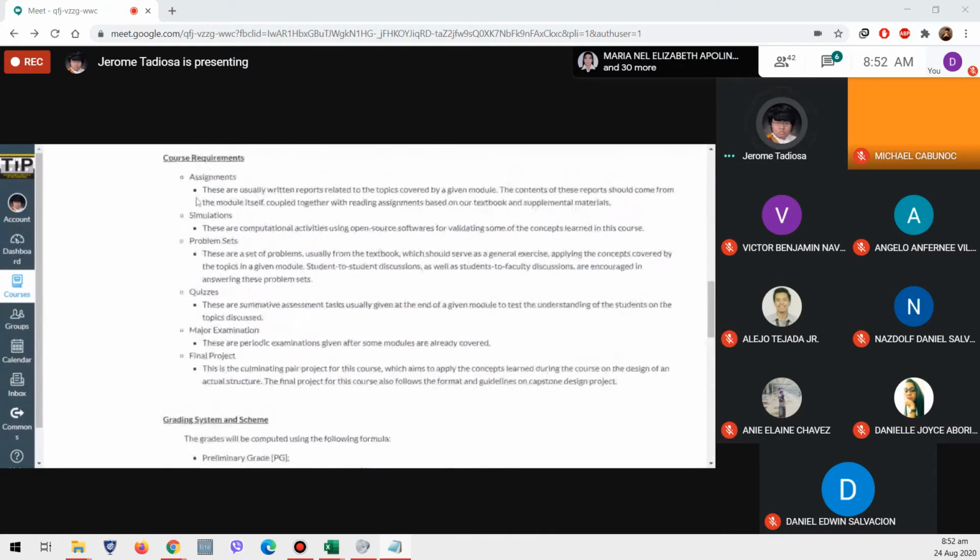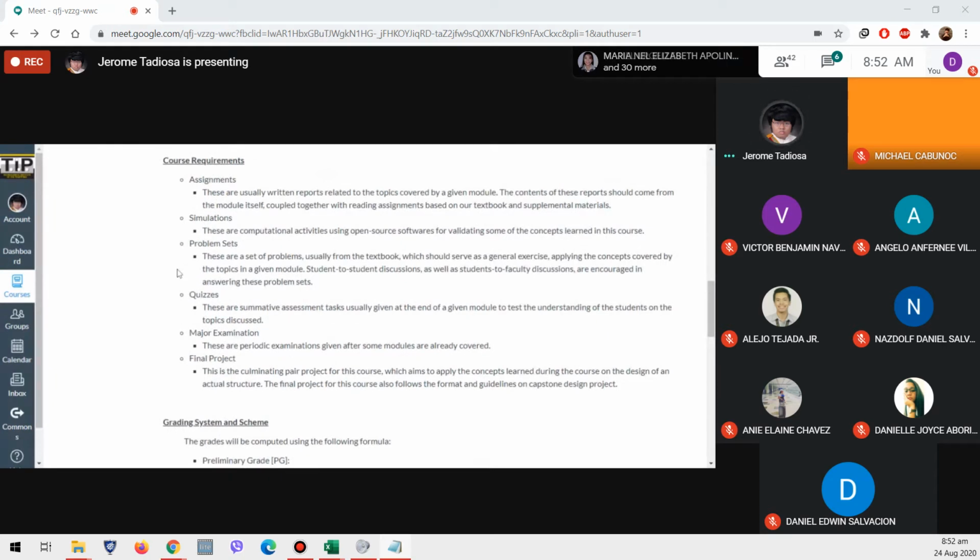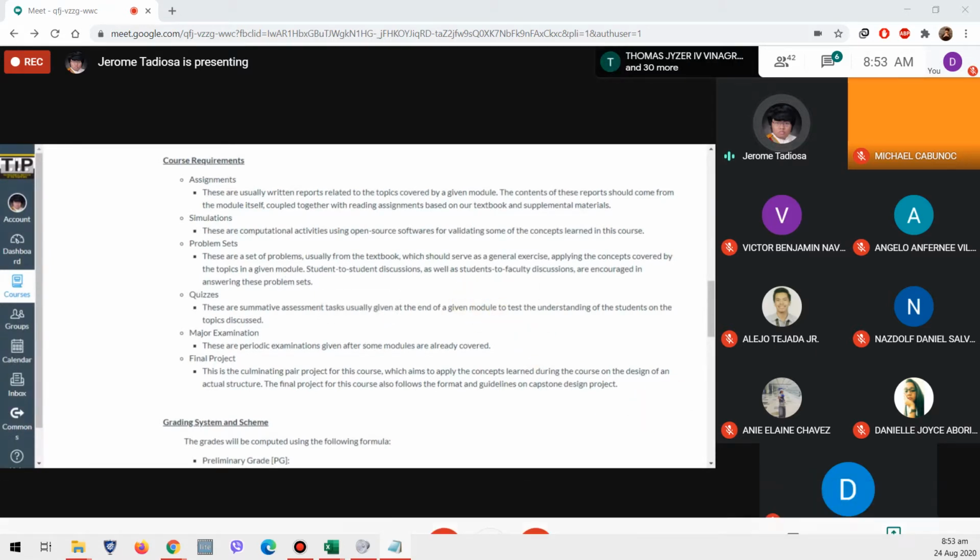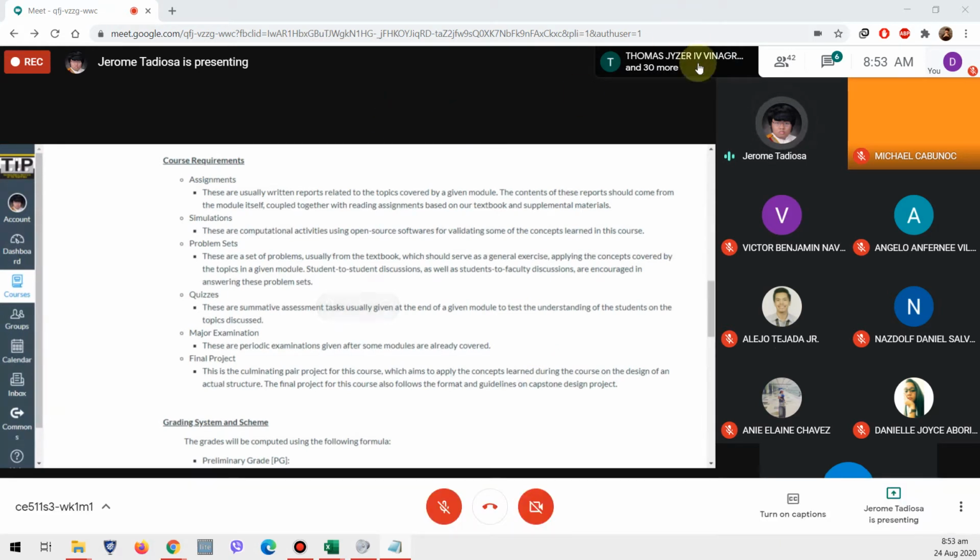Problem sets. In order to practice problem solving, there will be some problem sets per module. Usually they are just book problems, although I will appreciate it if you will not just search the solution manual. And by the way, in this course, we will be using the local code, the 2015 NSCP.